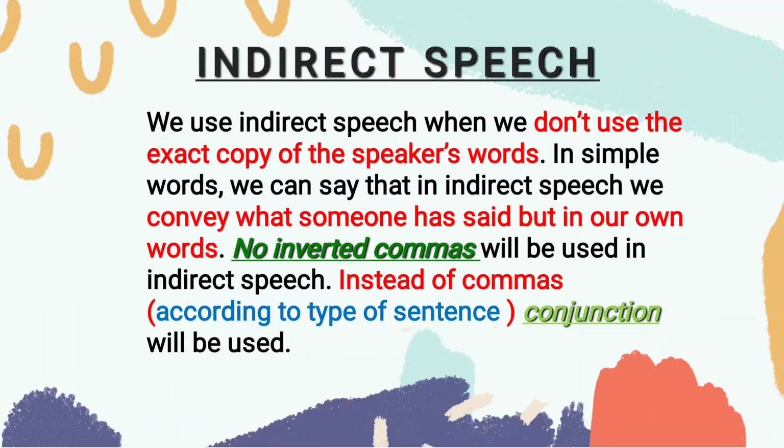In indirect speech, we should not use inverted commas. Instead, we use a conjunction. We need to replace inverted commas with a conjunction, and that conjunction we have to use according to the type of the sentences.